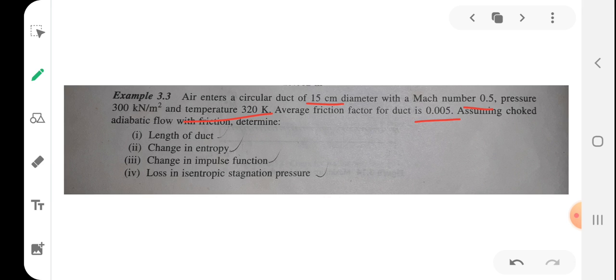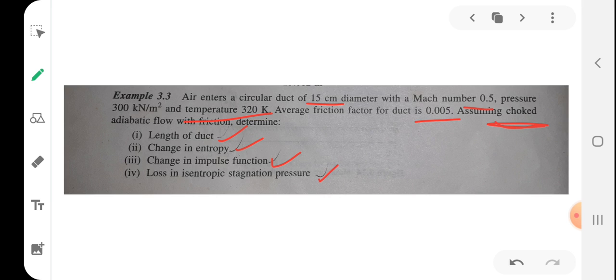Assume adiabatic flow with choked flow, so the final Mach number will be 1. Determine the length of the duct, change in entropy, change in impulse function, and loss in isentropic stagnation pressure.